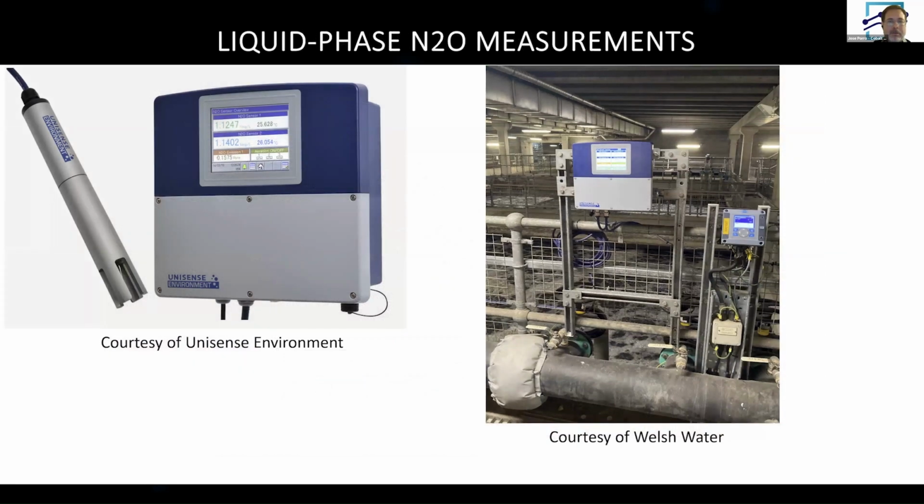So we talked about doing measurements in the liquid, and this is with a Clark type sensor, which is manufactured by Unisense out of Denmark. So this involves just having a controller here and the sensor. So this is a sensor body. There are sensor tips that go inside of it that are protected here.